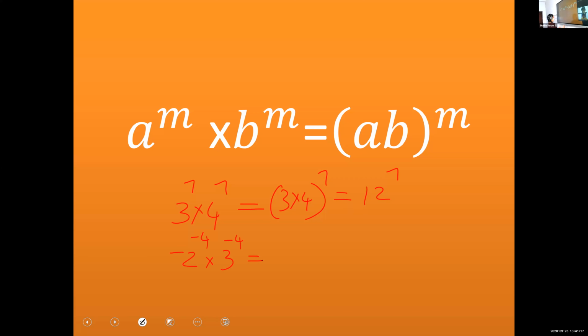Negative 2 into 3, the whole raised to negative 4, and it is equal to negative 6 raised to negative 4.